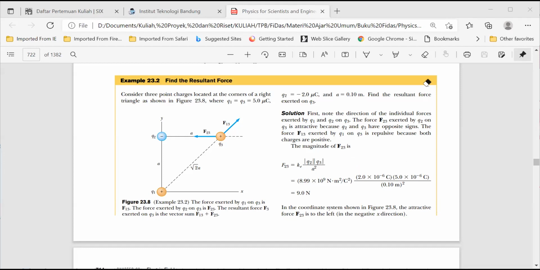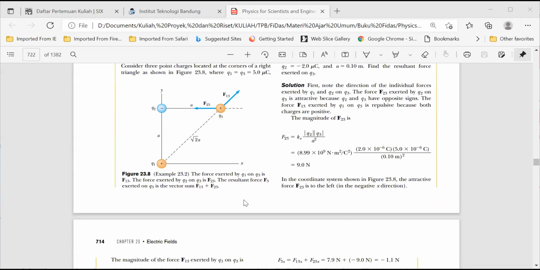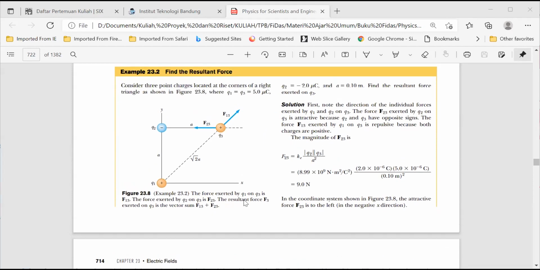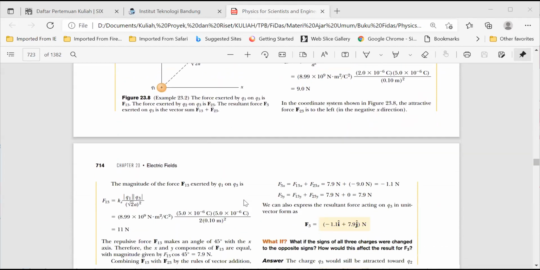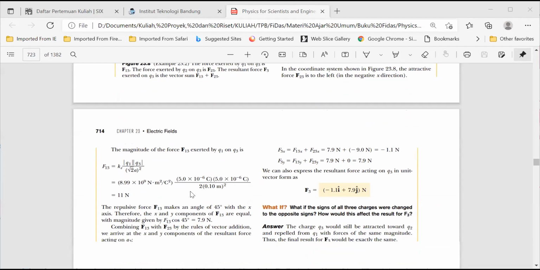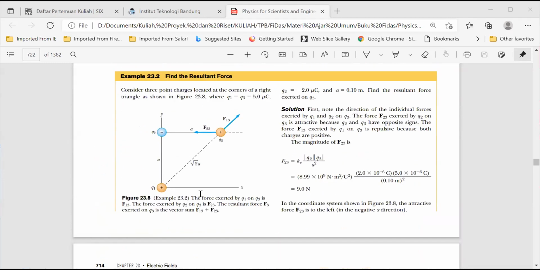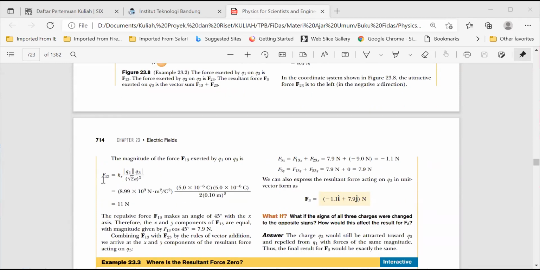Okay, let us continue. And then we can also calculate the magnitude of the force F13. So F13 means the force acting on Q3 caused by Q1.